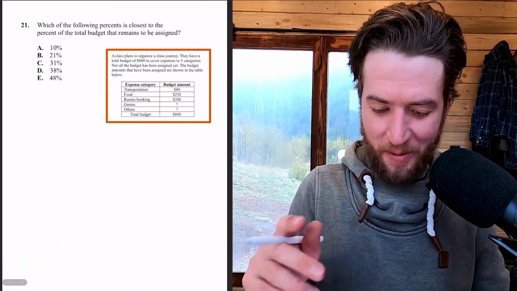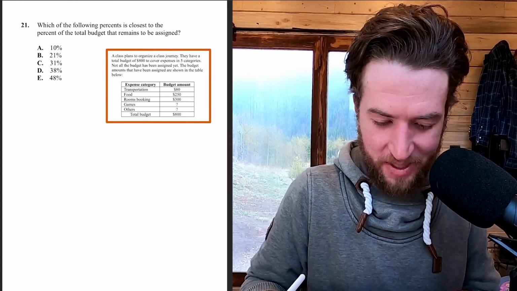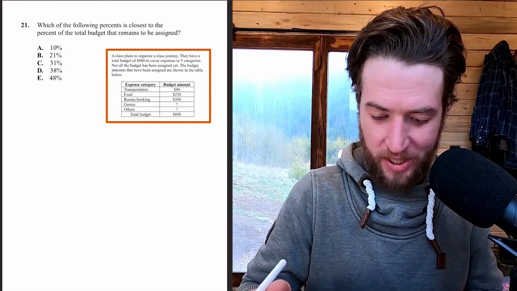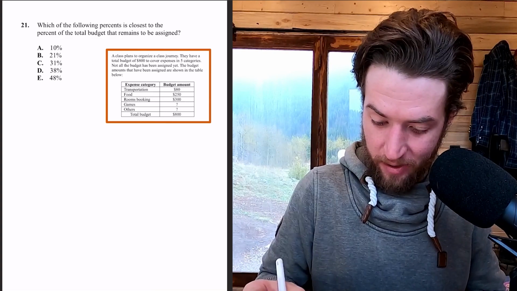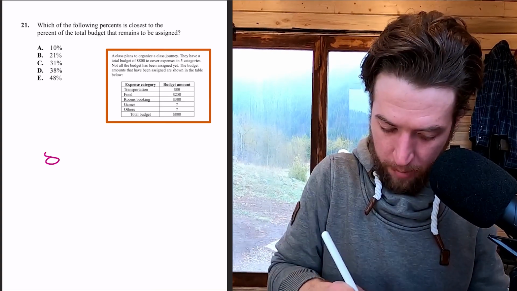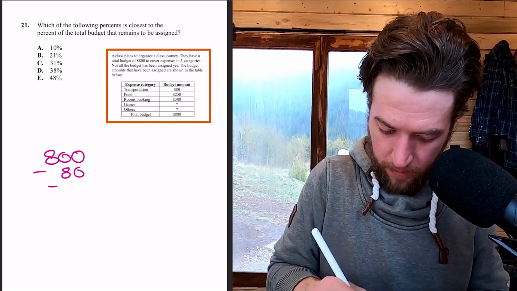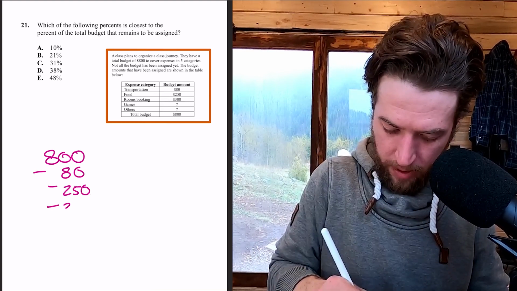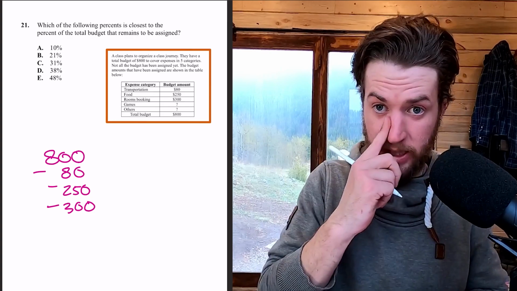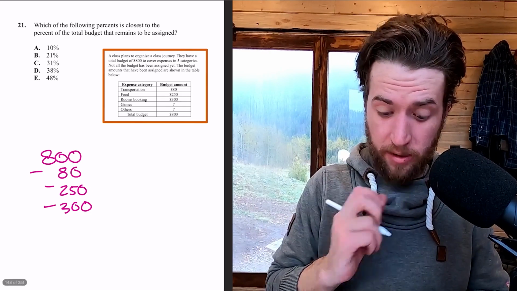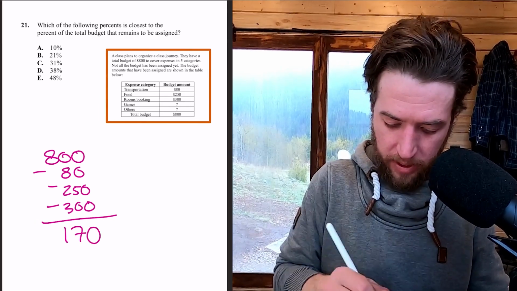Which of the following percents is closest to the percent of the total budget that remains to be assigned? Okay, so we have 800 minus how much in total? 80, 250, and 300. So this is 550, 630. That leaves us 170 left.